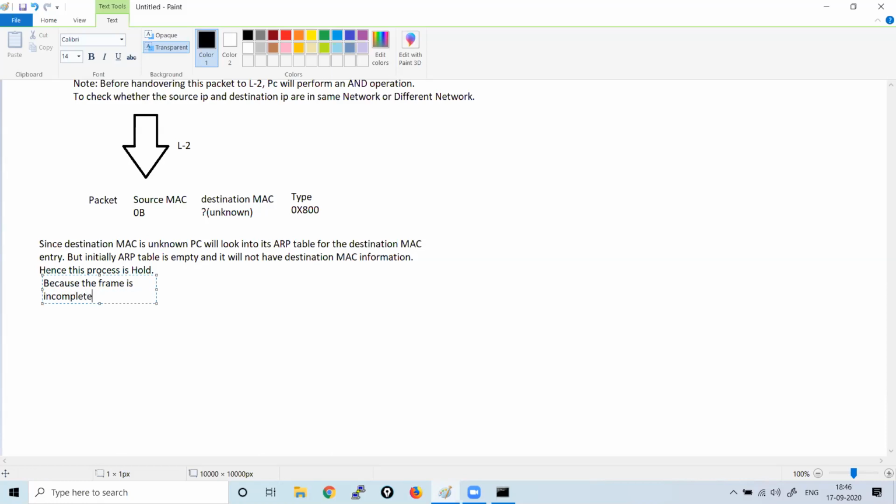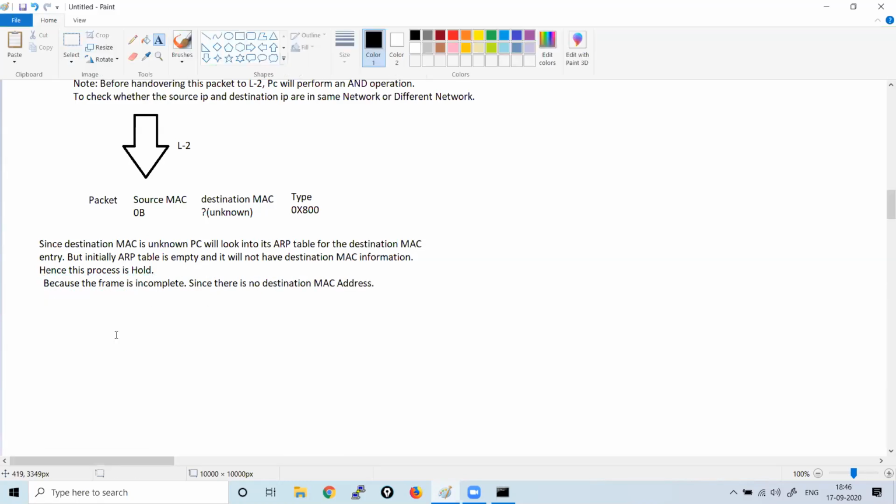Why is the frame incomplete? Because it doesn't have the destination MAC address. Fine. Now, I told you the process is on hold.